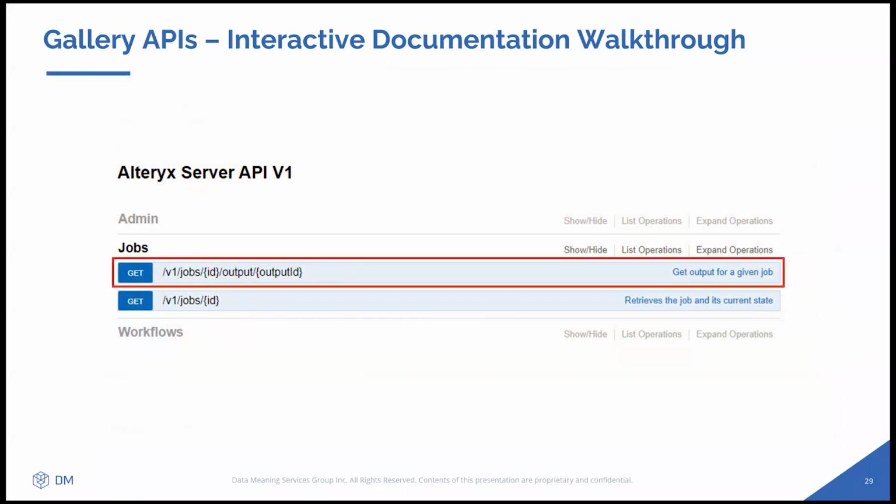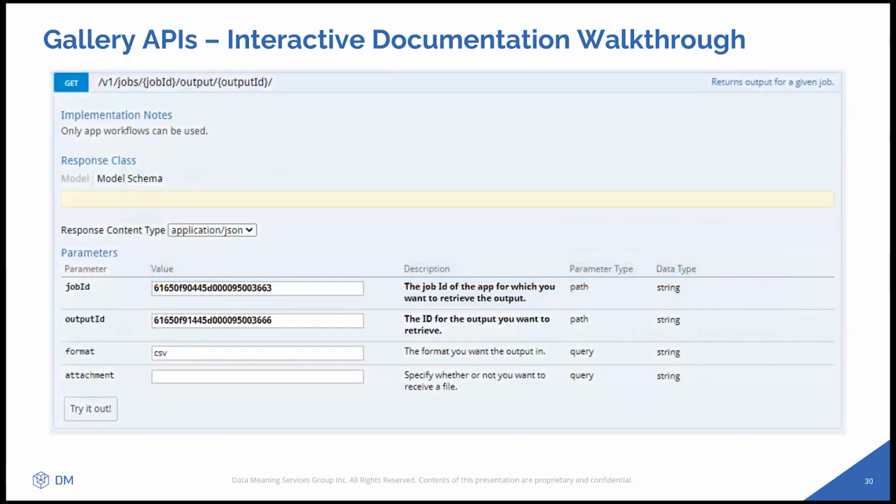How can we do that? How can we download that using the API call? Again, go back to the documentation here. Select the endpoint that will get the output for a given job. This API will require the job ID and the output ID, right? So the job ID and the ID of that particular file, and also the format that you want to download, right?